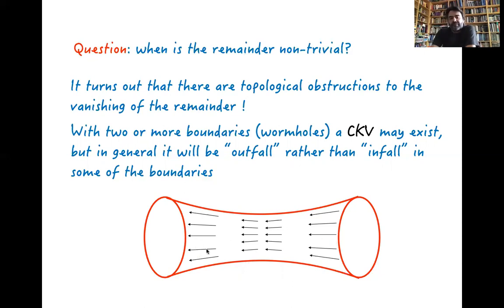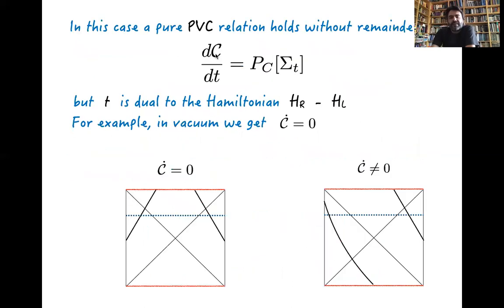So there is a PVC relation. If you take vacuum, for example, T mu nu equals 0 here, there is a PV relation which says that dC/dt equals P, and if P is 0, then this is 0, right? But of course, this t means the t which is dual to the Hamiltonian, which is H right minus H left. So it's the Hamiltonian for which time goes backwards on the left side, right?